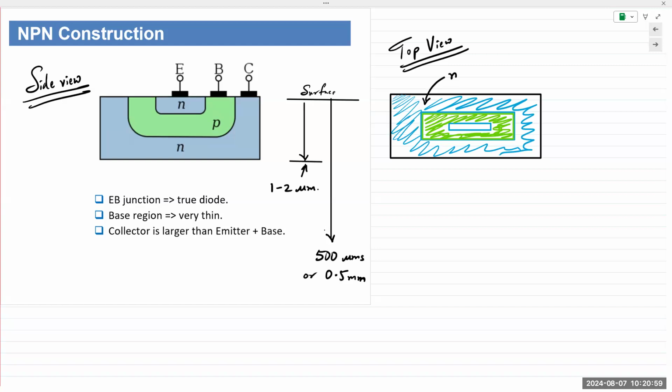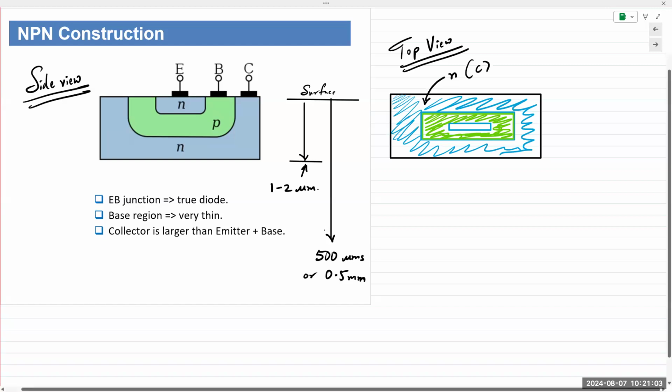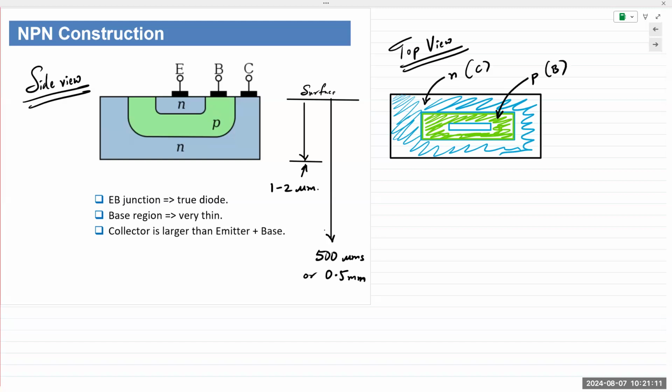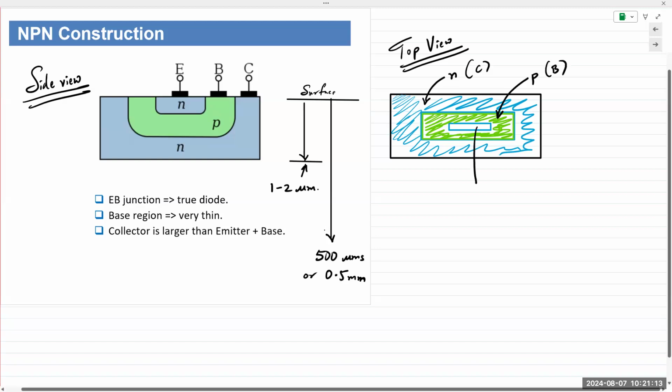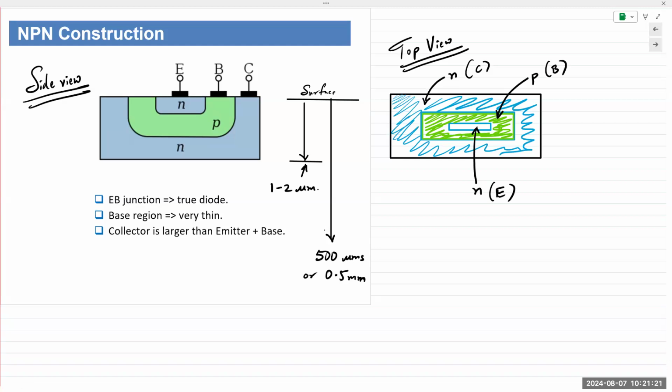So anyway, that was the N-type material. That's the P, and this is P. That's the base, and the inside is again N, the emitter. Okay, so you have an NPN transistor.